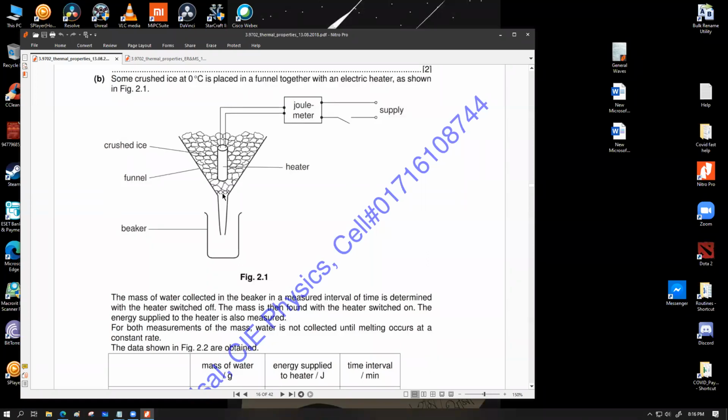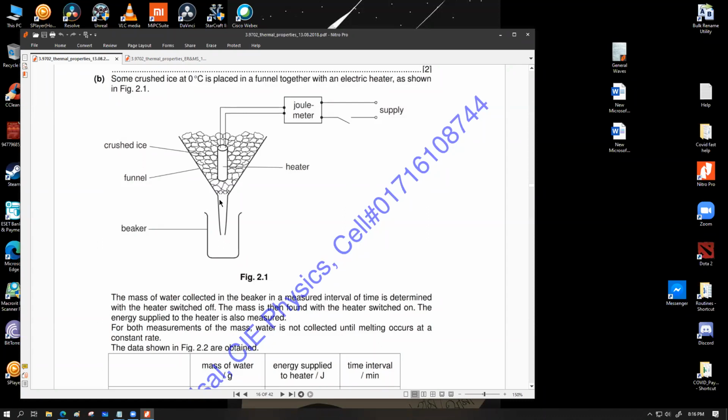So that the crushed ice would not fall out in small fragments, so that we do not get unmelted ice over here, because we are going to measure the mass of the melt water that will be captured in the beaker. As the ice keeps melting, its size gets smaller and smaller.